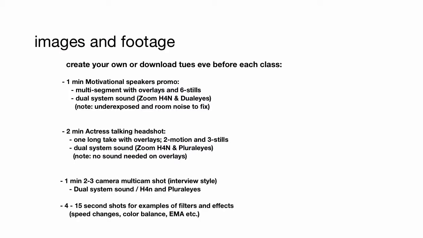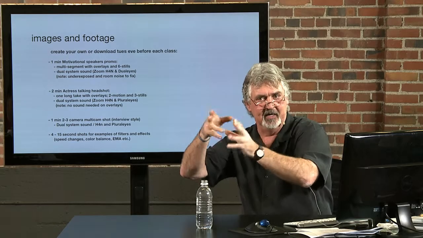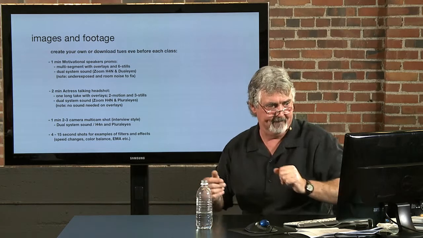Just as long as you have the opportunity to cut away 2 or 3 times, and you have 2 motion cutaways, 15, 20 seconds each, and then 4 or 5 still images that we can combine into a montage and cut away to those too.